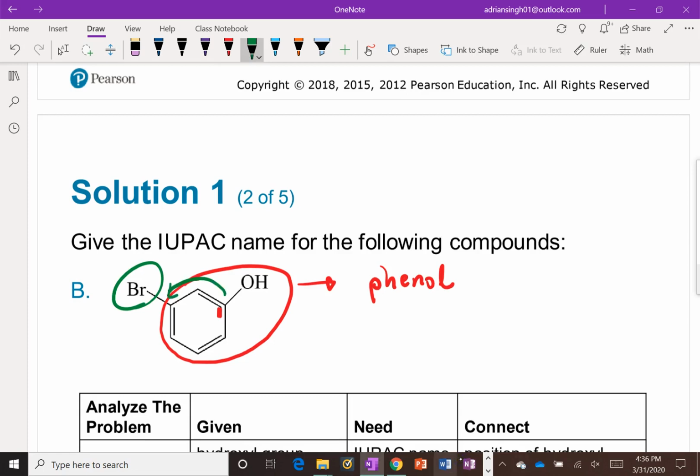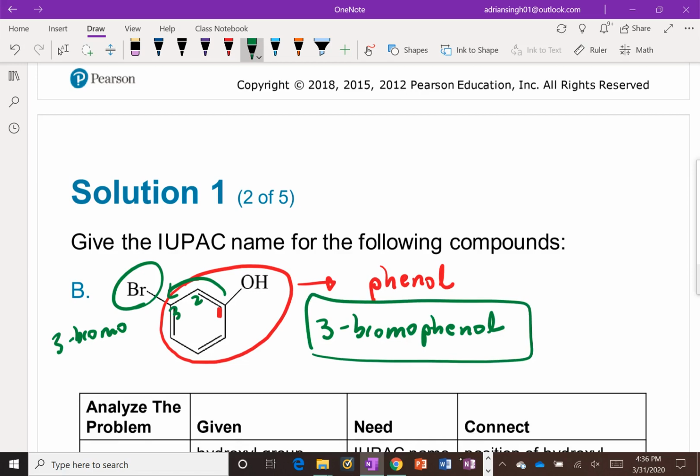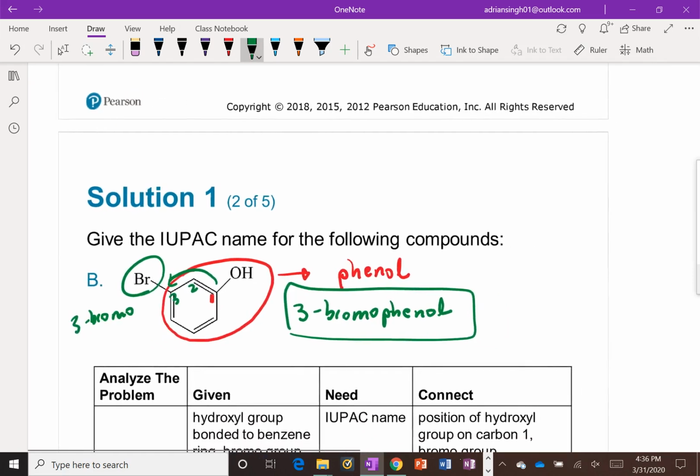So we'd want to go counterclockwise. So 1, 2, 3. So that would be a 3-bromo. And then phenol would be the last name. Right, and that's systematically how we would name our alcohols so far.